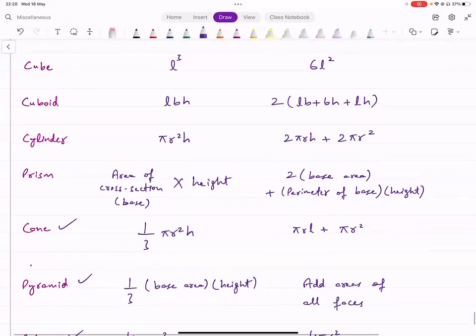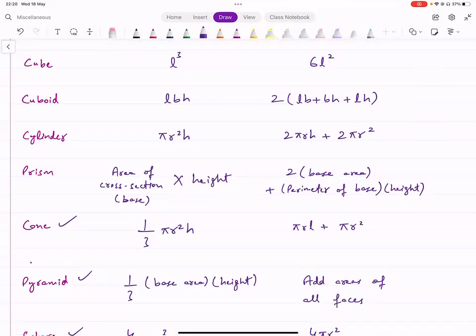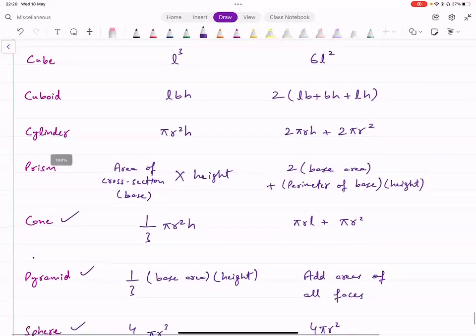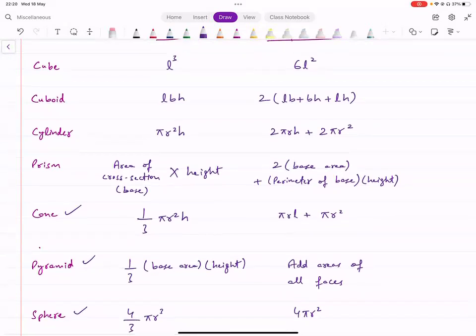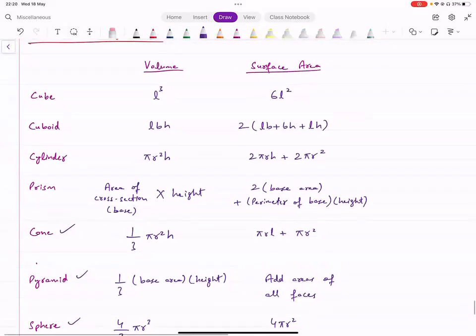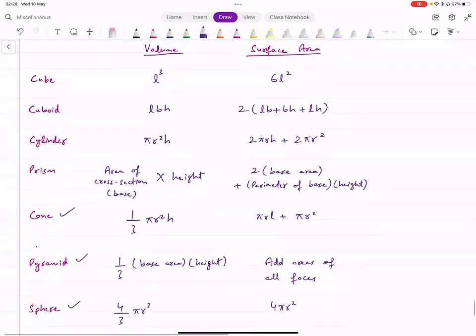But the first few, cube, cuboid, cylinder, prism, these formulas are not given in the formula sheet. These 3D mensuration formulas are often used here in paper 1 differentiation, so you have to know these formulas as well. These are all the formulas, their volumes and surface areas. So that's P1 differentiation.